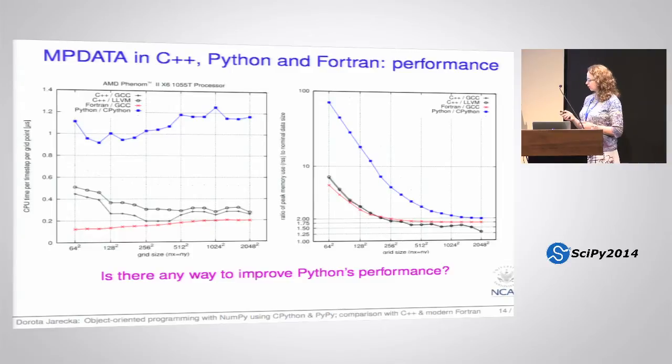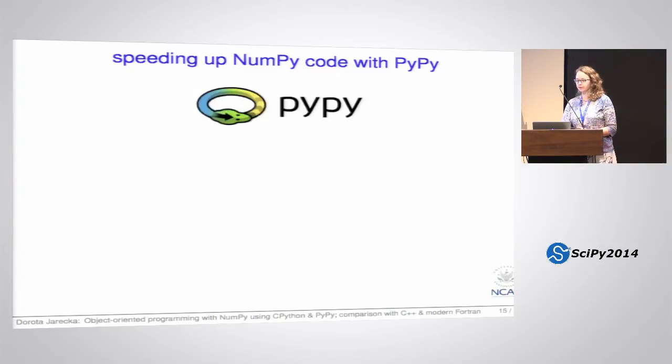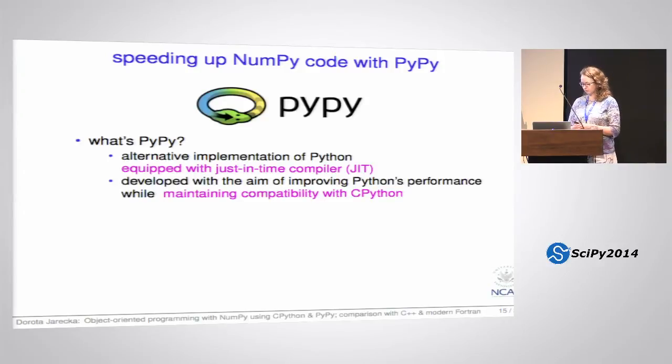We also asked ourselves if there is a way to improve the Python performance, because obviously it doesn't look very good. So we decided to try PyPy. What is PyPy? It was mentioned today during the keynote talk: it's an alternative implementation of Python with a JIT. The goal is to improve the performance, but they also take care to keep compatibility with CPython.